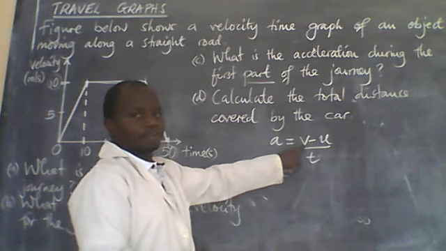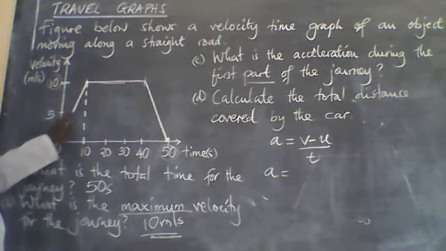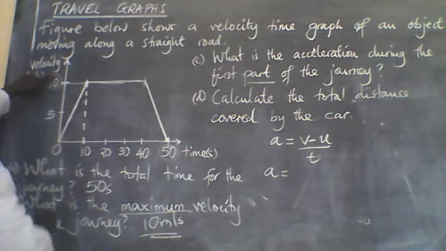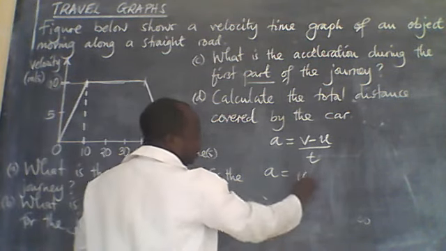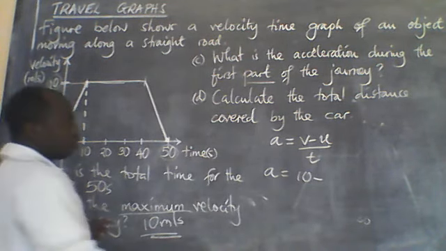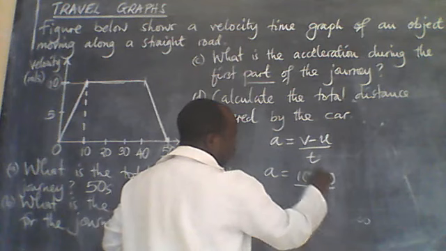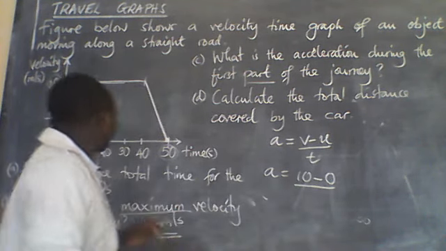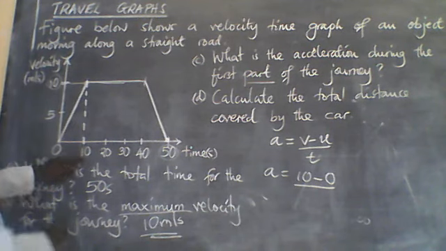What was the final velocity? We come to this. Up to this point, the velocity is here. So the final velocity 10 minus initial velocity started from 0, over what was the time during the first part of the journey. So the time here is 10.